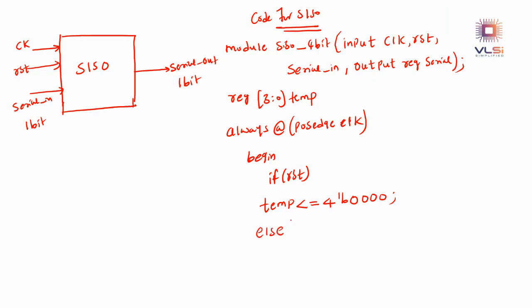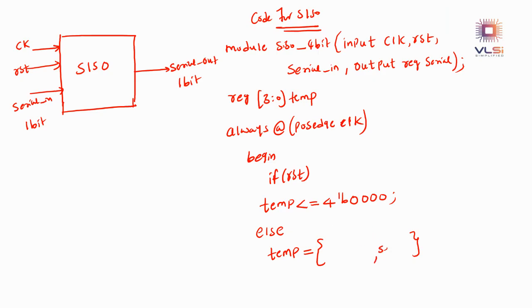Okay, else, temp equal to, you are using the concatenation operator. So for the left shift, from the right you are adding the data serially. So here you can write serial in.